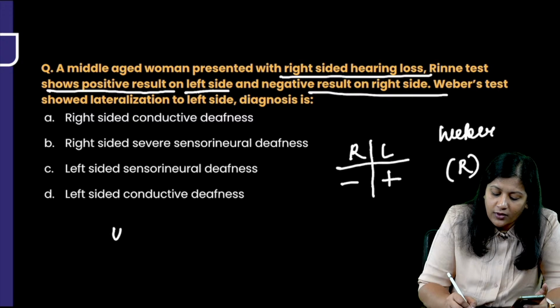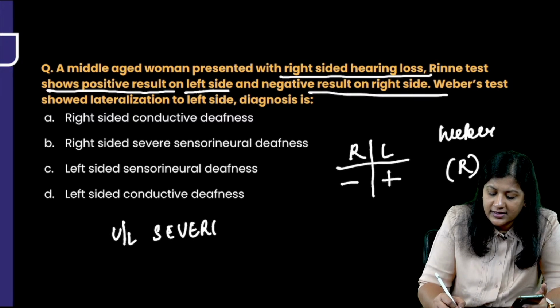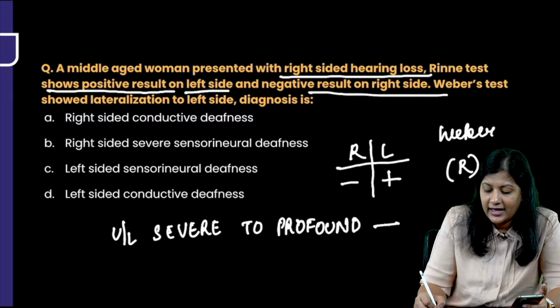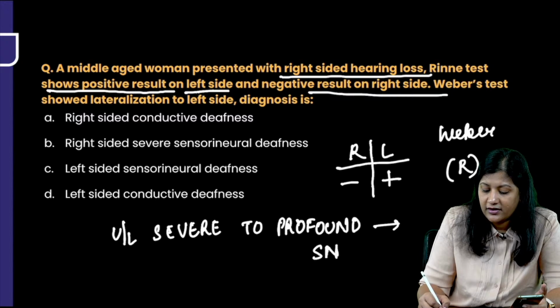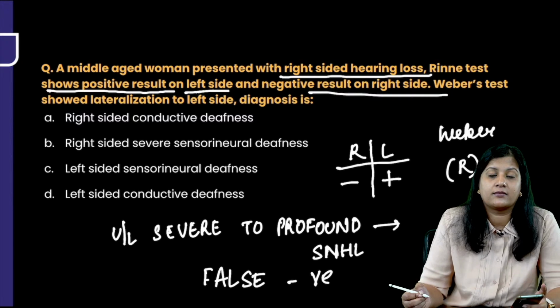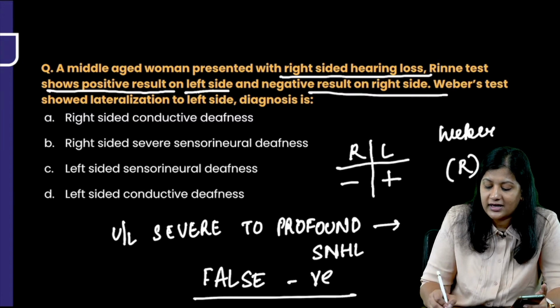So whenever you have a unilateral severe to profound sensory neural hearing loss, you will have a false negative Rinne. So if you have a unilateral severe to profound sensory neural hearing loss, you will get a false negative Rinne.